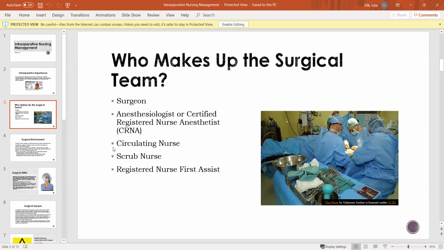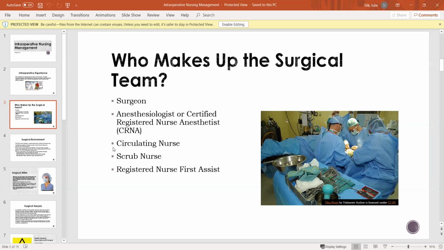Then we have the circulating nurse. This person is in charge of what happens in the operating room in a way. He or she is not sterile in the operating room. You know how most people are sterile when they go in there? This person is not. I keep saying she, sorry about that.